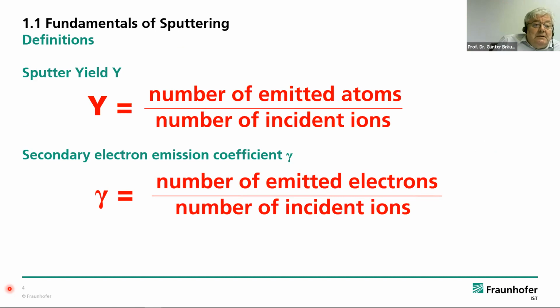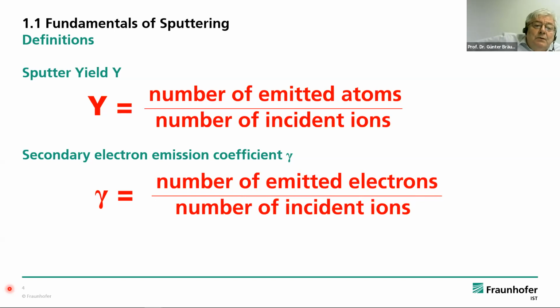The first is the so-called sputter yield, Y. And the sputter yield is defined as the number of emitted atoms divided by the number of incident ions. And the second one is the secondary electron emission coefficient, and this is defined as the number of emitted electrons divided by the number of incident ions.